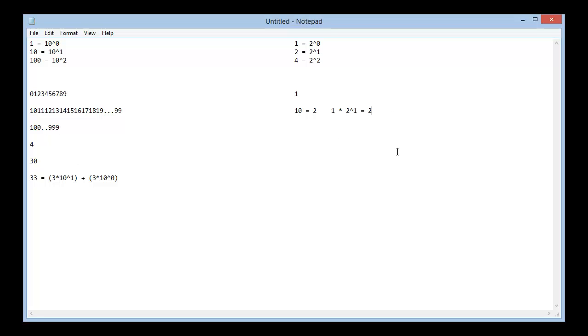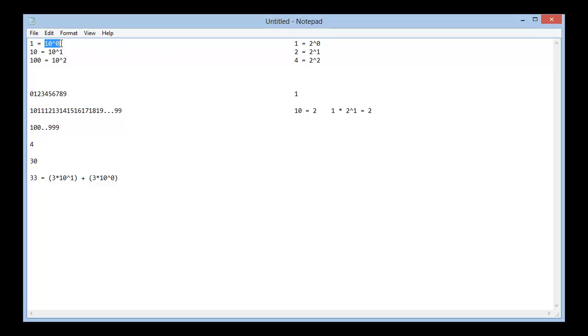So if we go back to our binary over here, okay, now let's go even further. Let's do 3 places, right? This is going to be our 2 to the second, right? This is our 0 place, our first place, our second place.